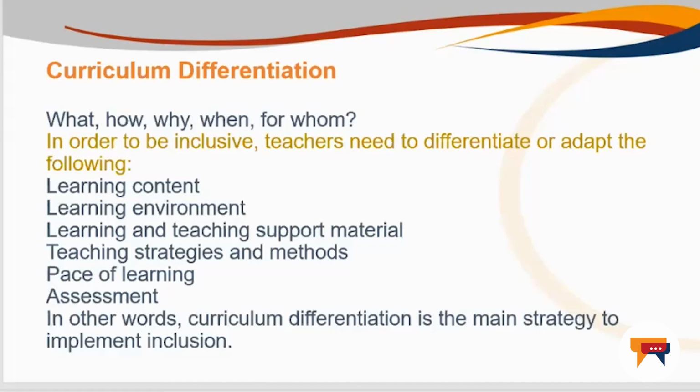So you're also going to think about what kind of learning resource support material do I need for learners with various disabilities. So what does my blind learner need? What does a learner with a hearing loss need? Learners with autism, with attention deficit disorder, cerebral palsy, learners with quadriplegia, hemiplegia, paraplegia, what do they need?